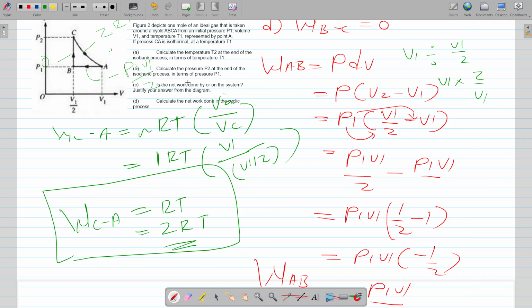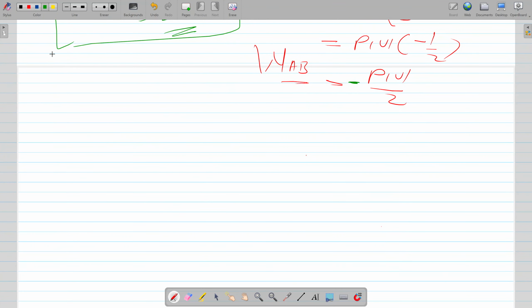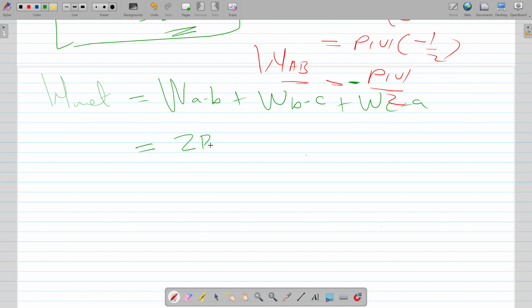So W net, to calculate the work done, W net is going to be the addition of all of those. So I'm going to say W net, my pen is not big enough, equals WA to B plus WB to C plus WC to A, right? And then we're going to have this one, let's say it's minus RT, right? It's 2RT.